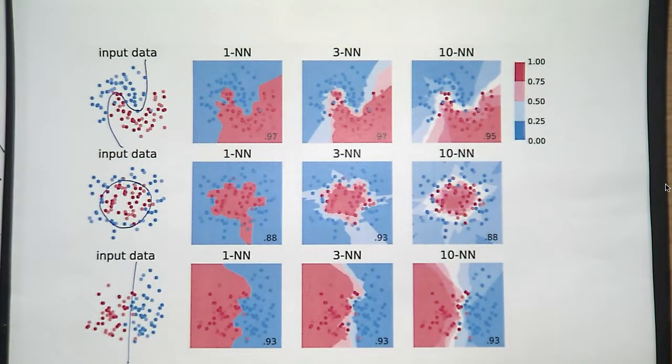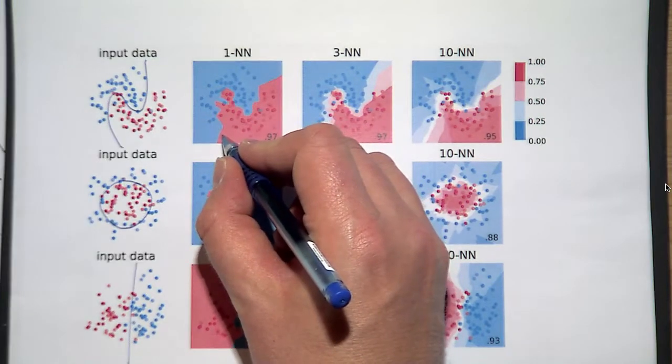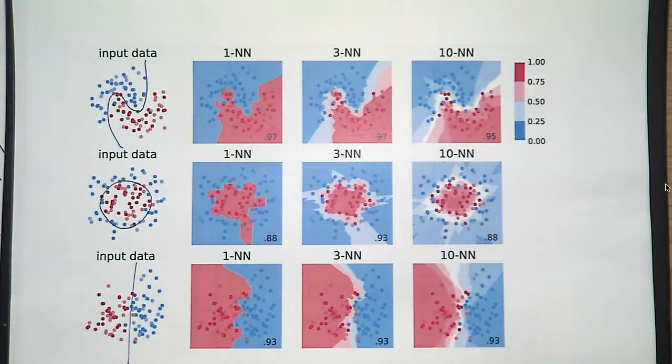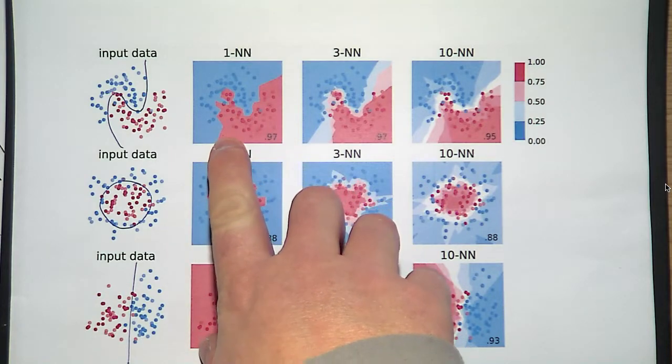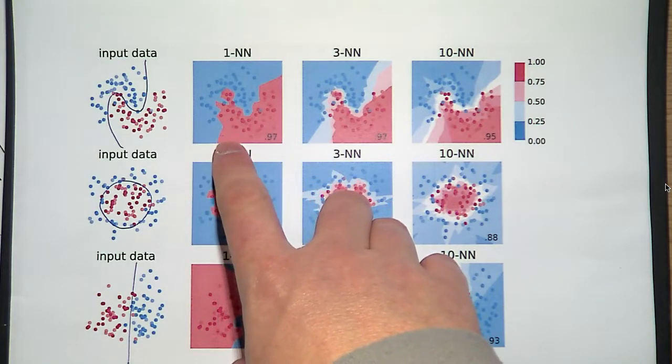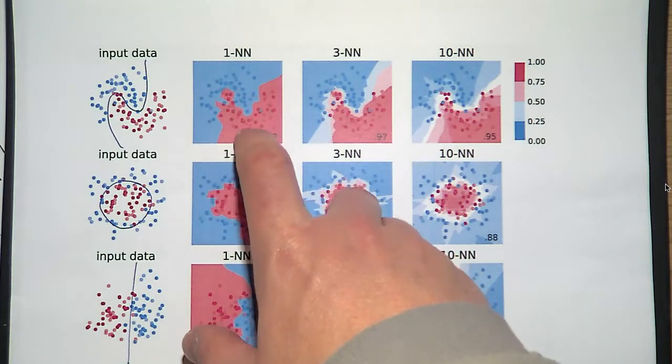And that means that for every single pixel, every single point in that grid, I evaluated where the nearest neighbor was. And based on that information, I predicted the outcome. So what you see here is the prediction of the outcome for every single point in that 2D space.